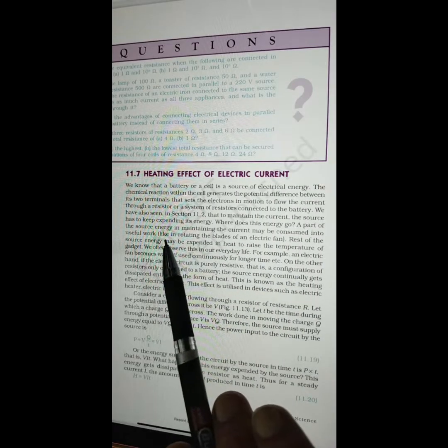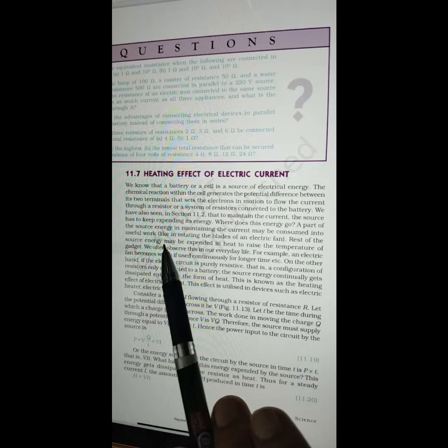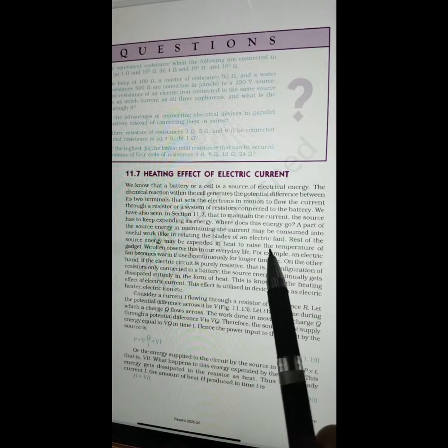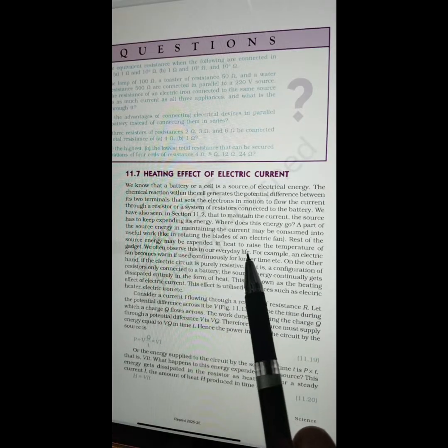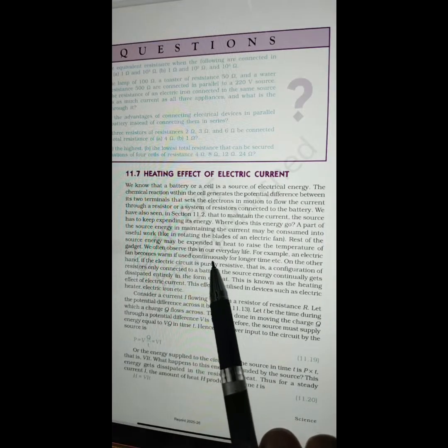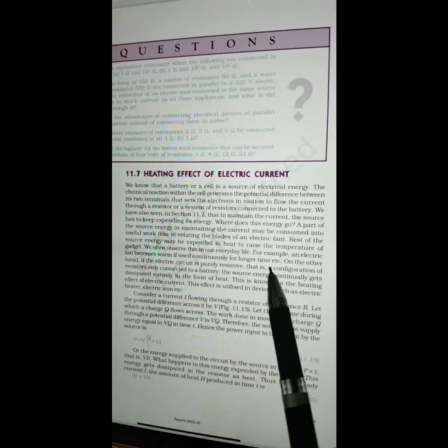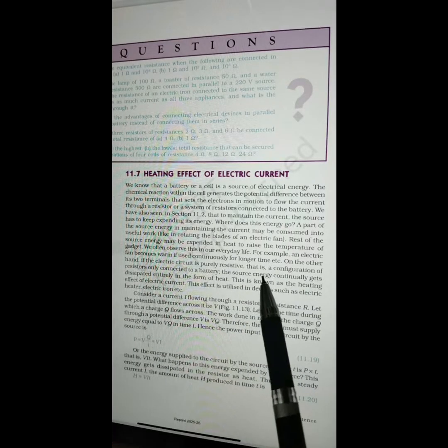A part of the source energy in maintaining the current may be consumed into useful work, like in rotating the blades of an electric fan. Rest of the source energy may be expended in heat to raise the temperature of the gadget. We often observe this in our everyday life. For example, an electric fan becomes warm if used continuously for a longer time.